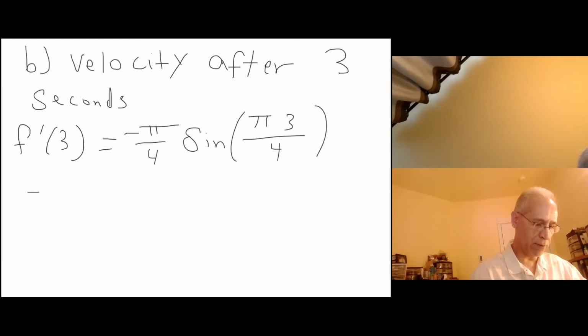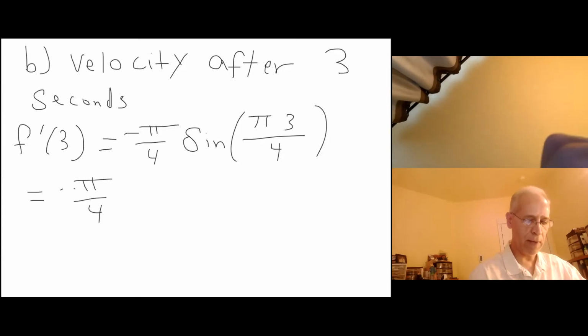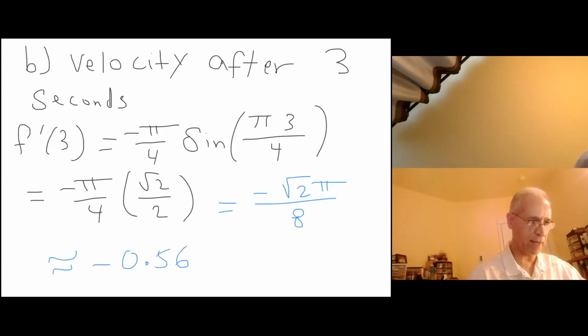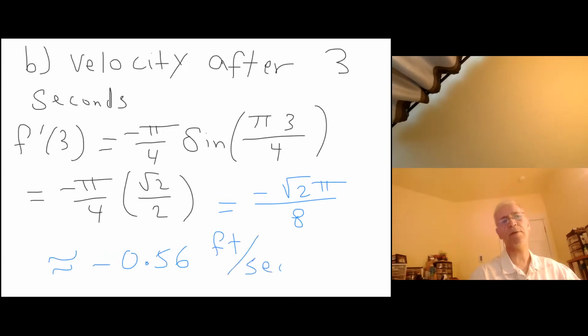So that equals negative pi over 4. Sine of 3 pi over 4 is square root of 2 over 2. So this equals negative root 2 pi over 8. That almost equals negative 0.56 feet per second. So the units for this problem are feet and seconds. I should have mentioned that in the beginning.